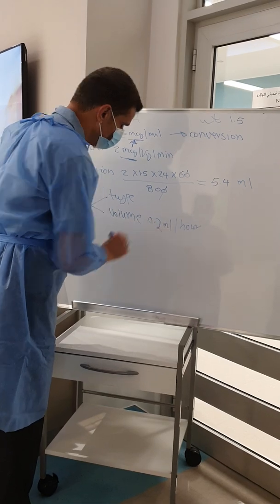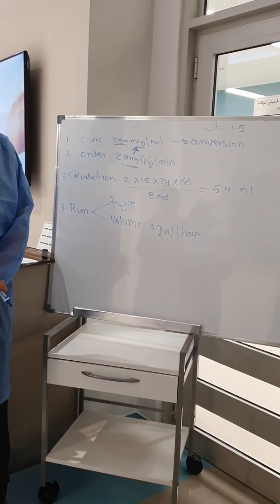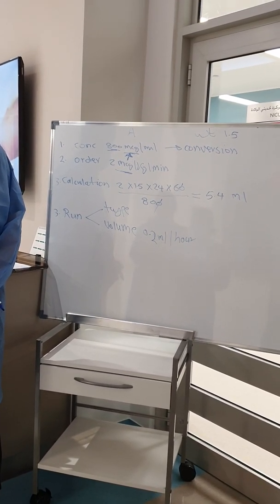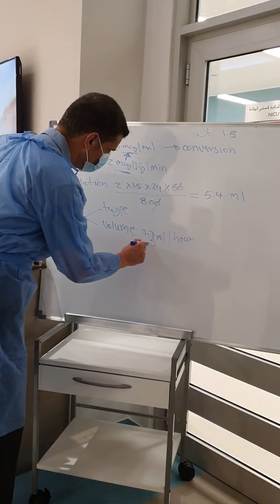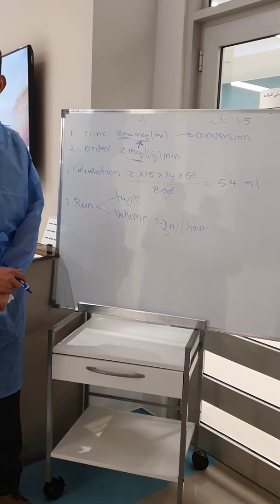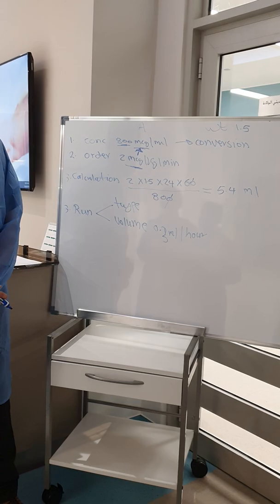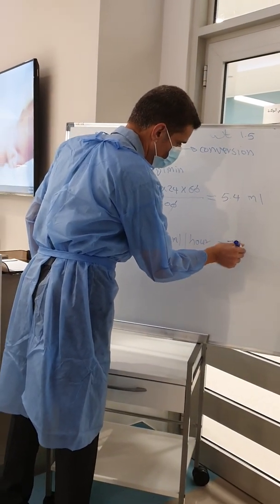0.2 times 24? 4.8. Still less. So let's go by 0.3. 0.3 times 24 is 7.2.